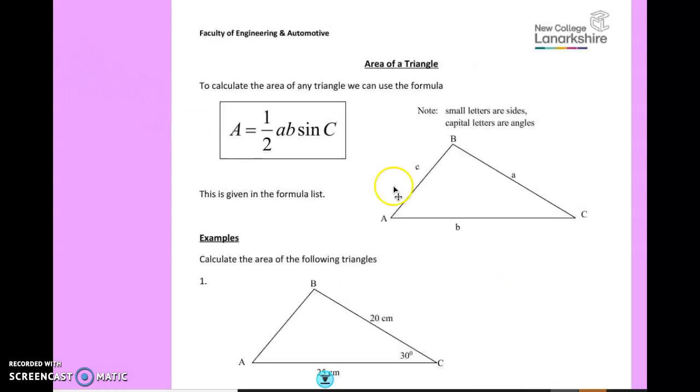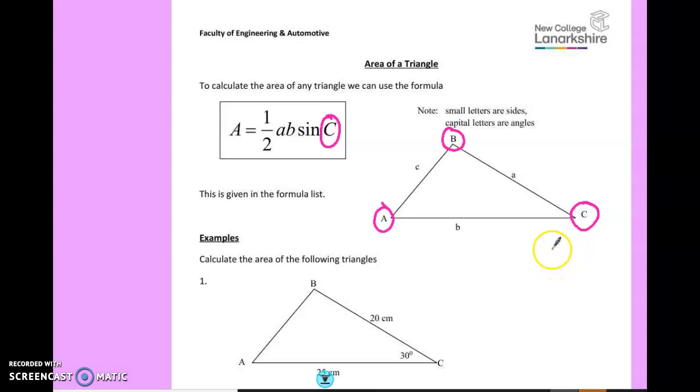Okay, the first one then is area of a triangle. So area of a triangle is half AB sine C. It's given in your formula list, and I'm just going to explain where these different letters come from and what they mean. Your capital letters, like your capital letter C here, are your angles.